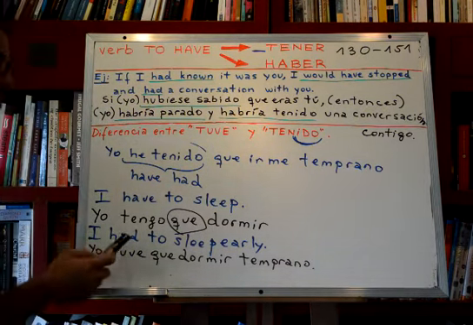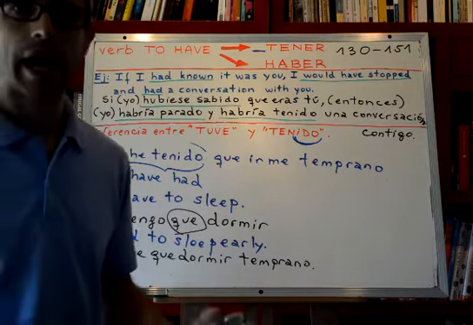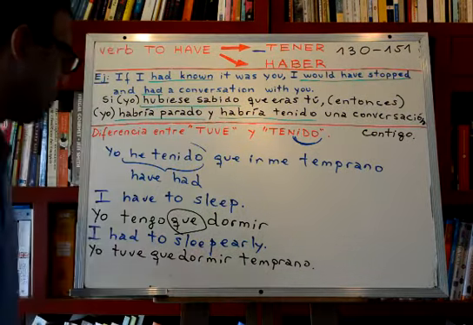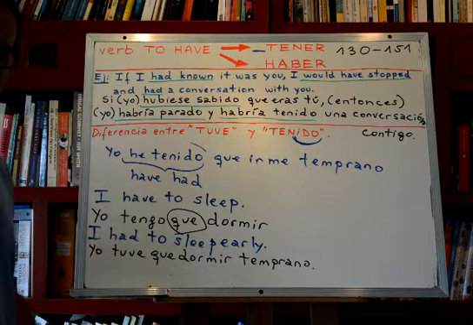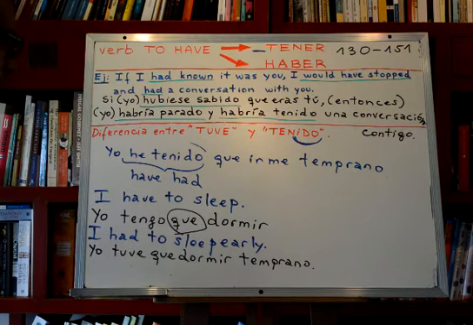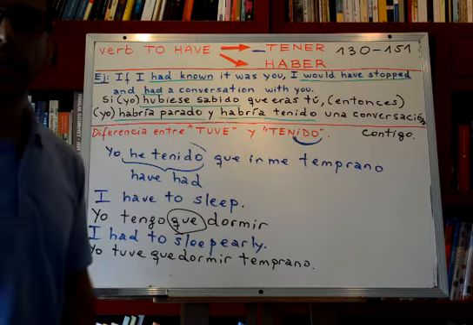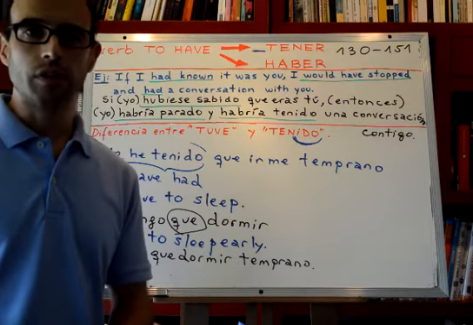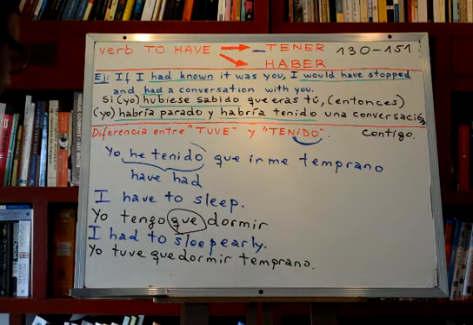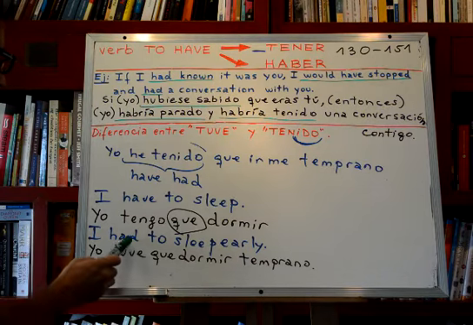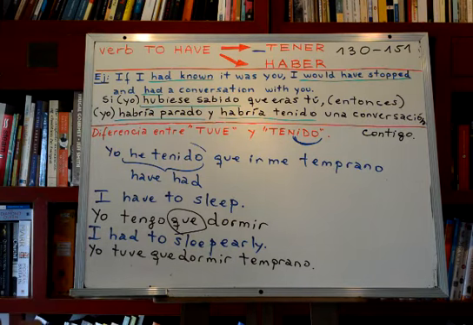Anyway, in English it's very awkward to say I have had to sleep early, right? We simply say I had to sleep early. However, in Spanish, there are some few more conjugation tenses that are used than in English. So in Spanish, we can also use the past participle and say this.